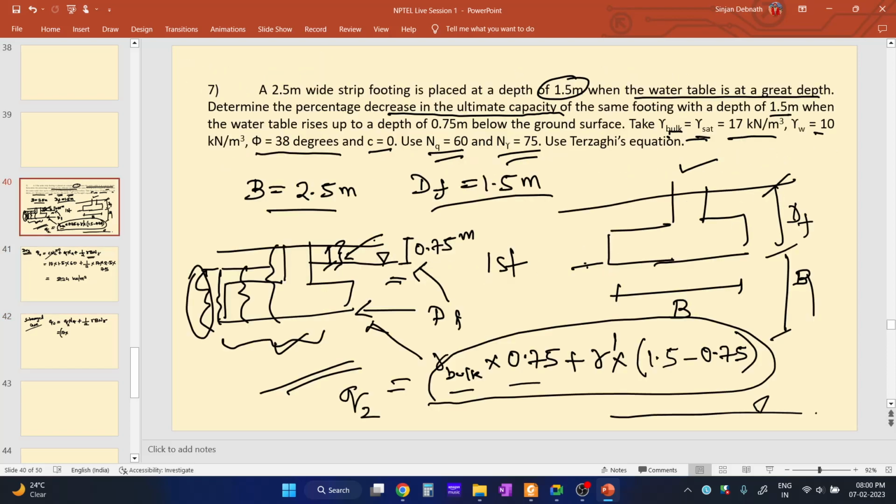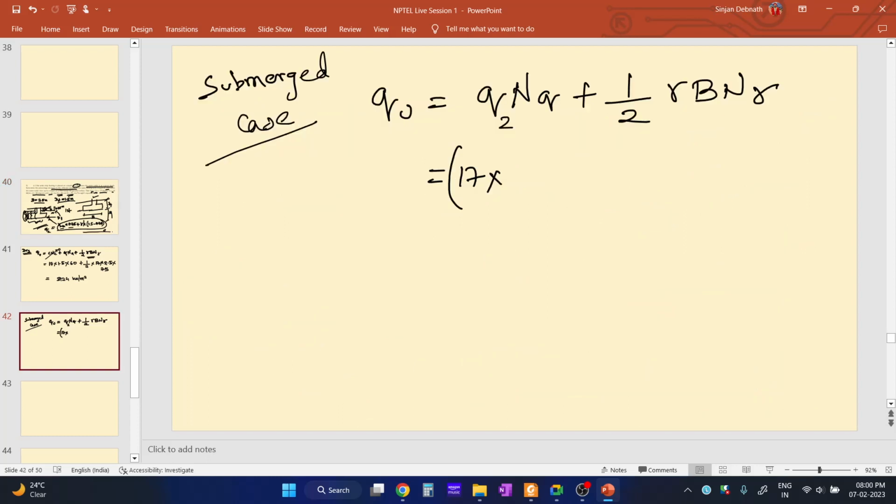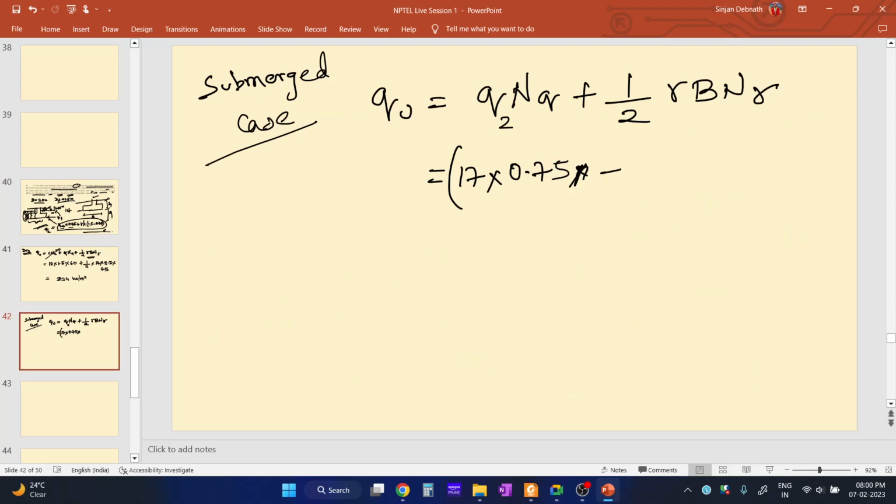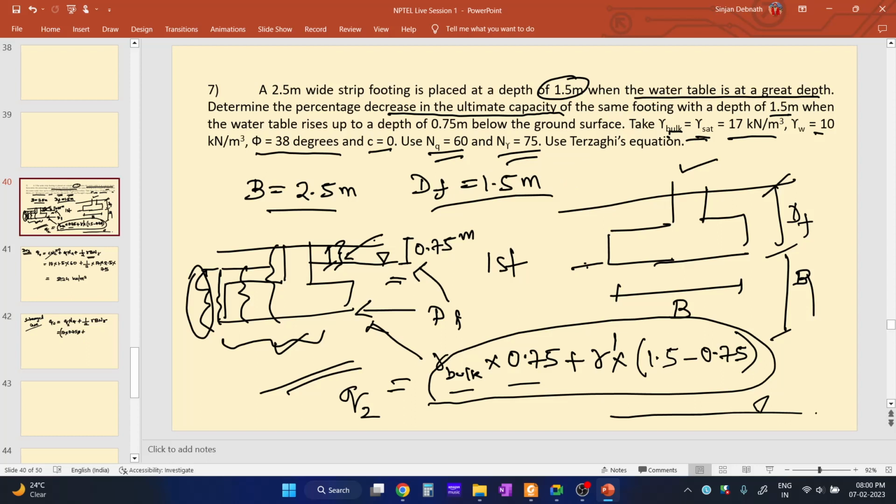17 into 0.75. I am putting the value of Q U2. Plus submerged. What is the saturated?